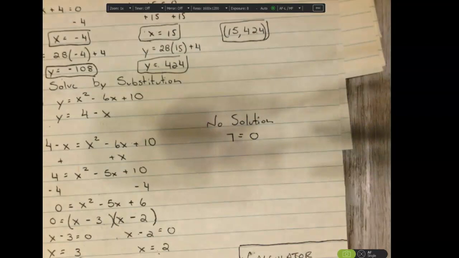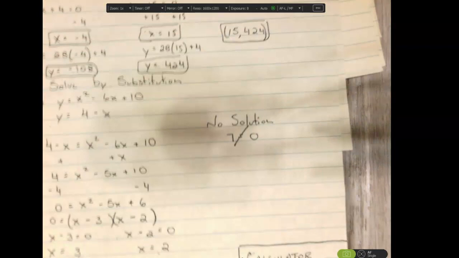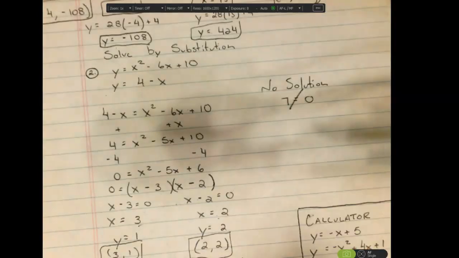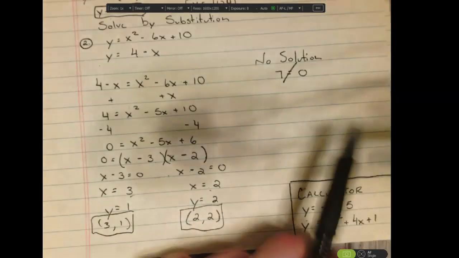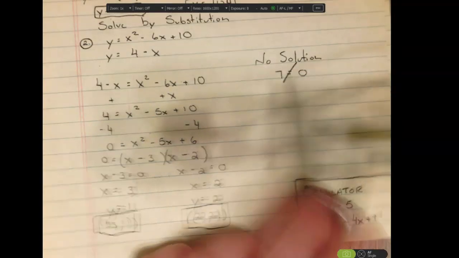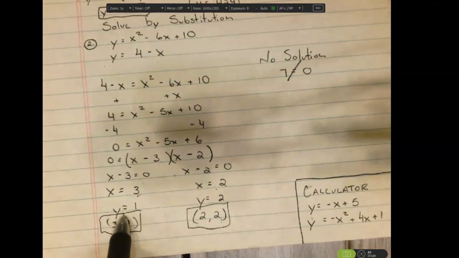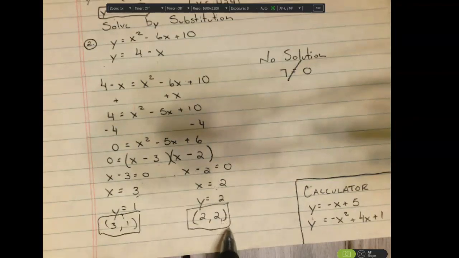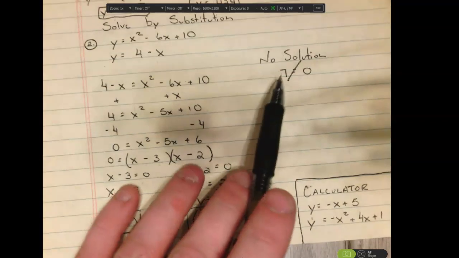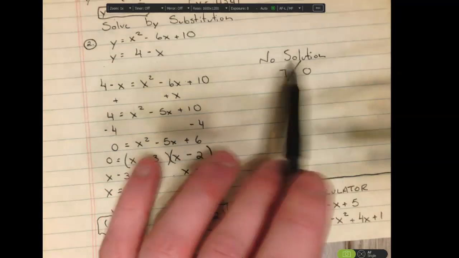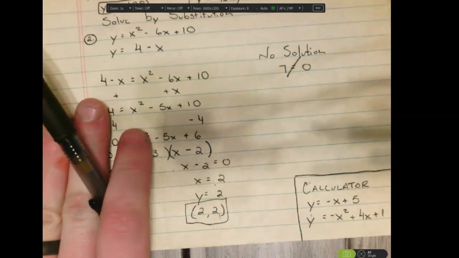So if you ever find that something is not equal to something, then that means you have no solution. If it's no solution, you're going to end up with something like this for both of these, because there's no solution the first time you go through, and no solution the second time you go through and solve. If it were one solution, you're going to get something like this for just one of them.